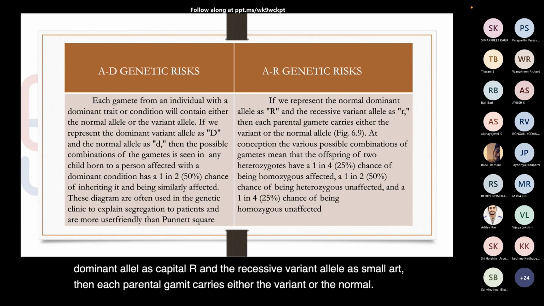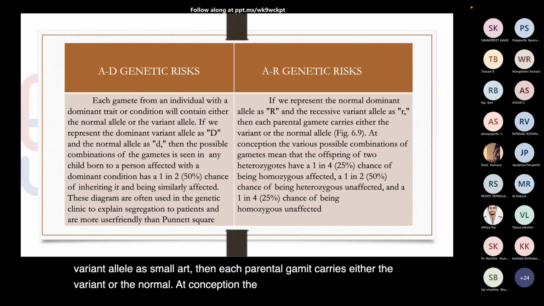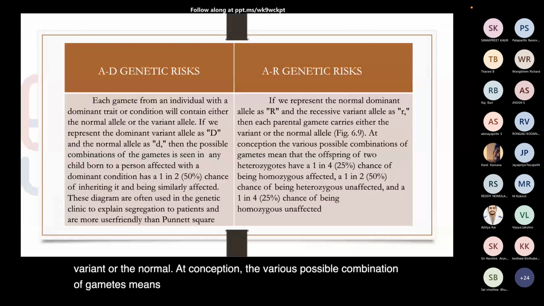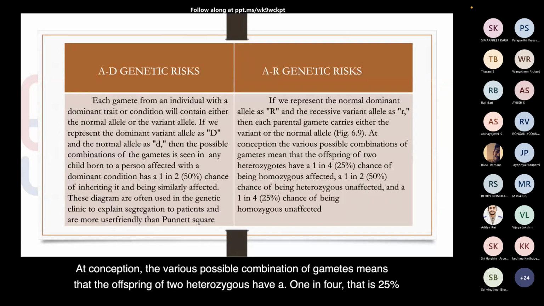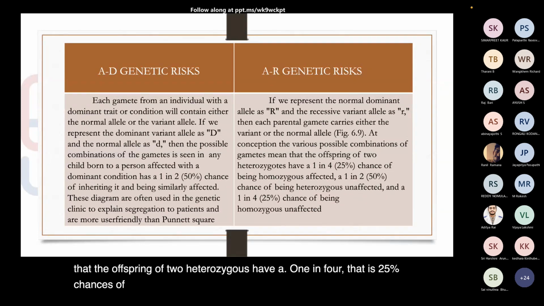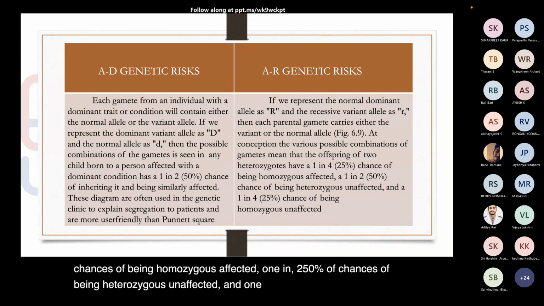At conception, the various possible combinations of gametes mean that the offspring of two heterozygous parents have a 1 in 4, that is 25% chance of being homozygous affected, 1 in 2, 50% chance of being heterozygous unaffected, and 1 in 4, that is 25% chance of being homozygous unaffected.